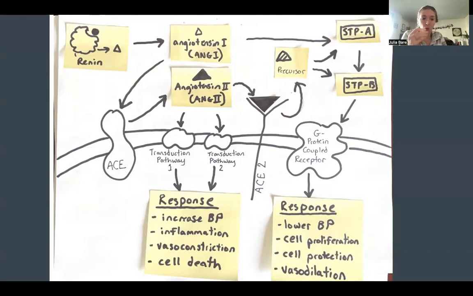It triggers a reinforcement pathway that will continue to lower blood pressure, continue to lower cell proliferation, or increase cell proliferation, and increase this cell protection mechanism, right? So these mechanisms are a feedback loop that feed on each other and balance each other out in the ideal circumstances.